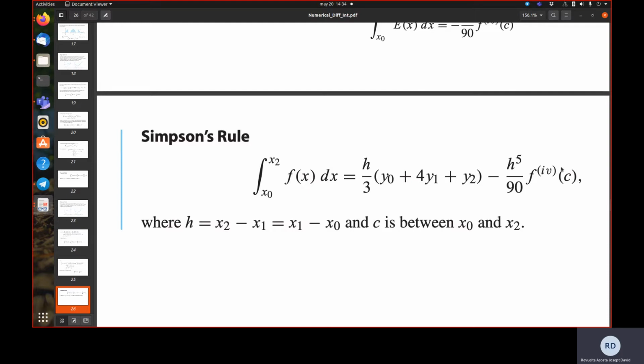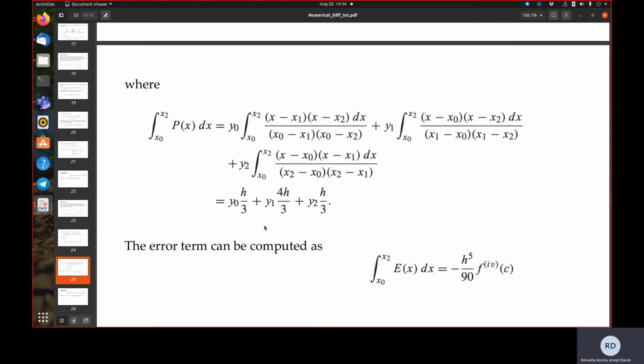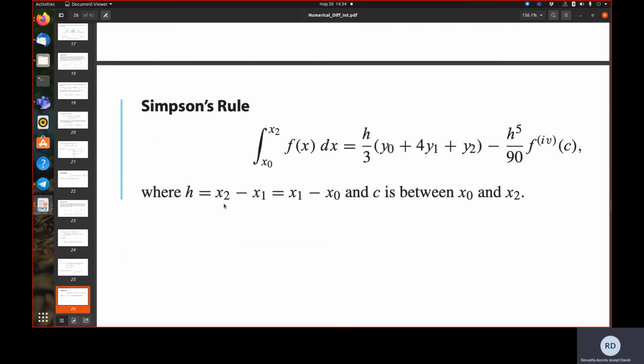But pay attention here, this is very important, because here you have h. H is equal to x2 minus x1, and this is going to be equal to x1 minus x0. And c is between x0 and x2.